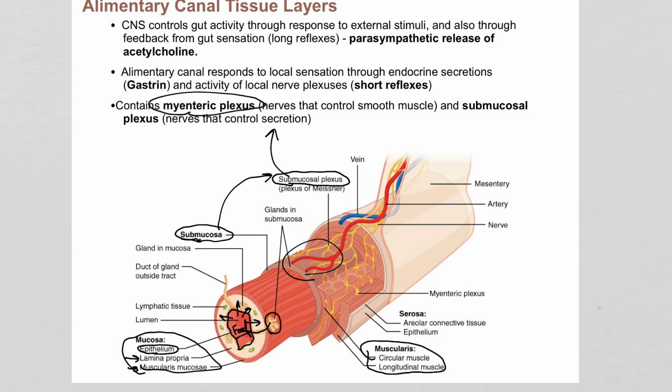Remember the prefix myo always means muscle. And so that's how your nervous system is making muscles contract. Right? Outside of that, the serosa is really just a layer of connective tissue. It's fairly boring. That's just forming the external border that separates the GI tract from its other surrounding organs.